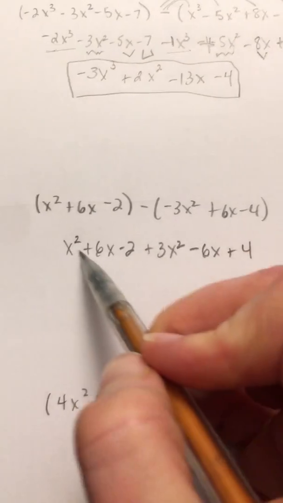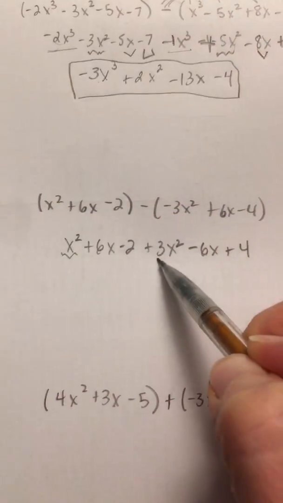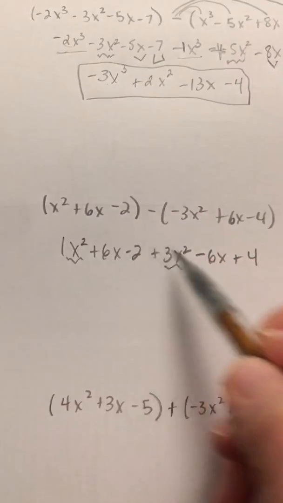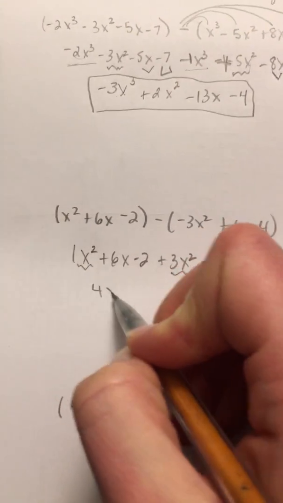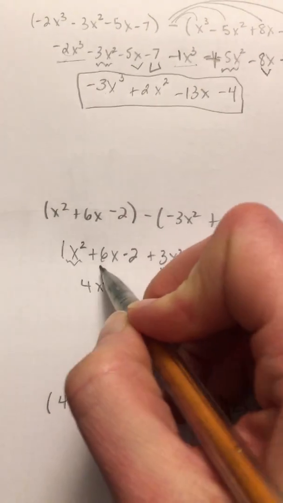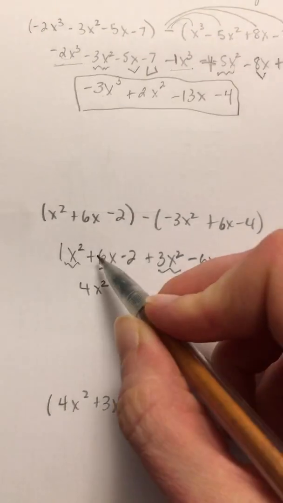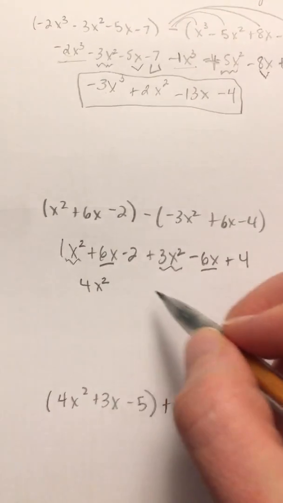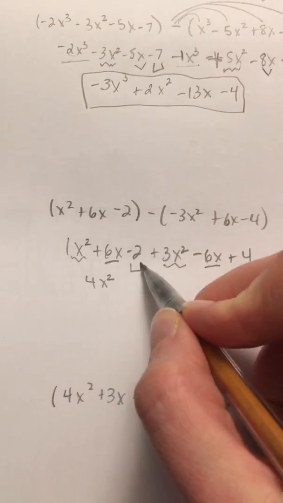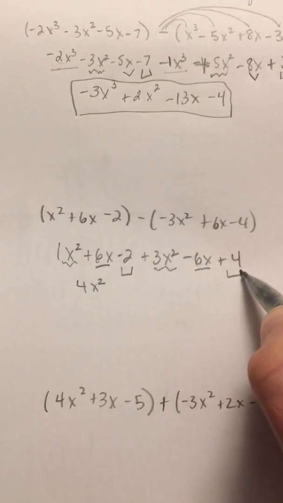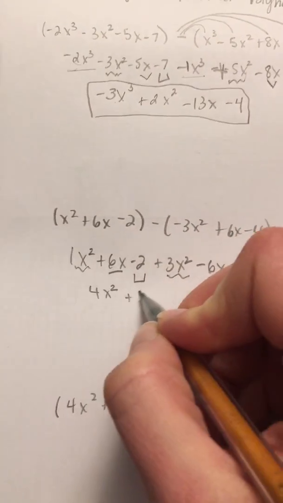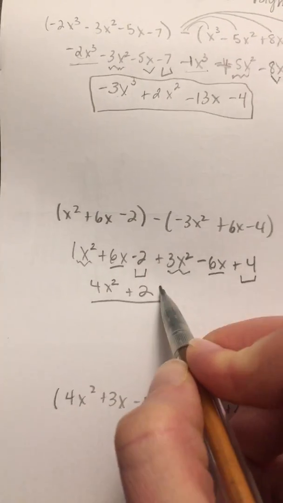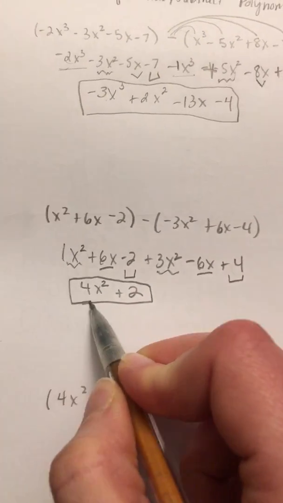Like terms, biggest exponent 2. 1x squared, 3x squared, 4x squared. Linear terms, 6 minus 6, nothing. You can leave it off, or you could show a plus 0x. I'm just going to leave it off. Negative 2, positive 4 is a plus 2. These are not like, same letter, same exponent, not the case here. Final answer.